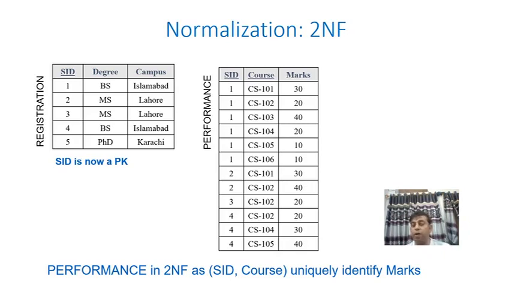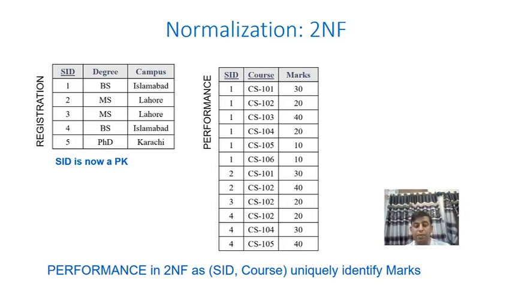SID and course are underlined because these fields combine to make a primary key, known as the composite primary key. Marks is fully functionally dependent on this composite primary key.